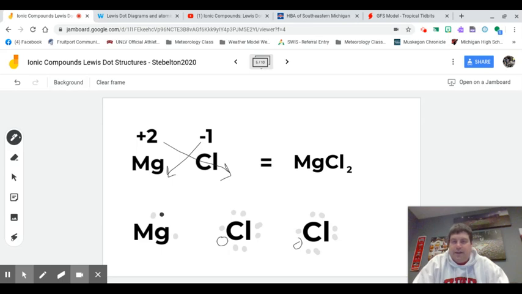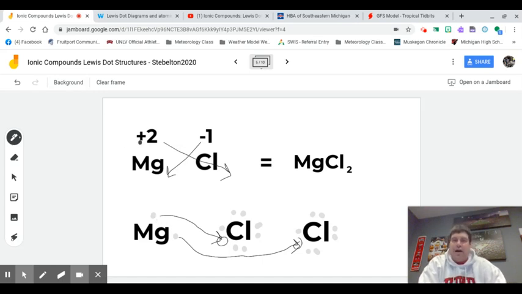So the transfer then is this electron going to this chlorine, and this electron right here going to this spot in the chlorine. And now chlorine has that 8 electron full outer shell, and magnesium lost 2, but by losing those 2, it becomes stable, like the noble gas elements.